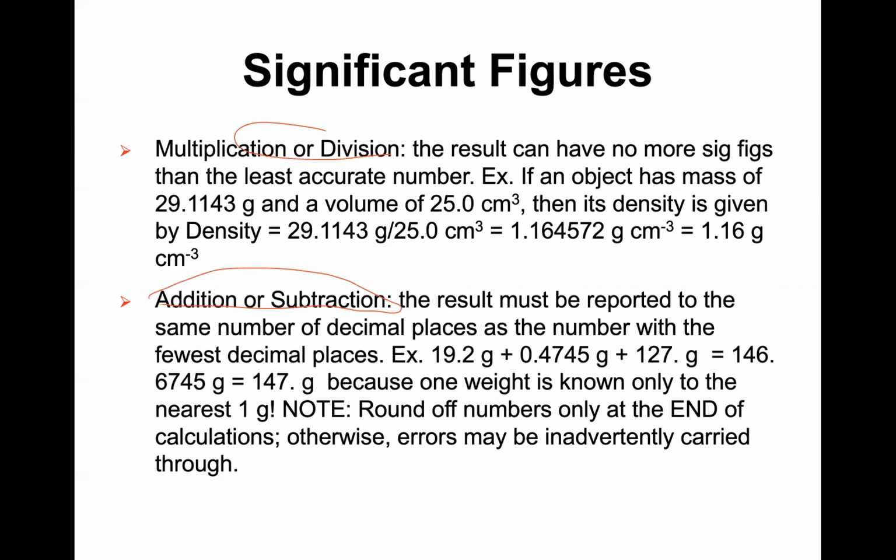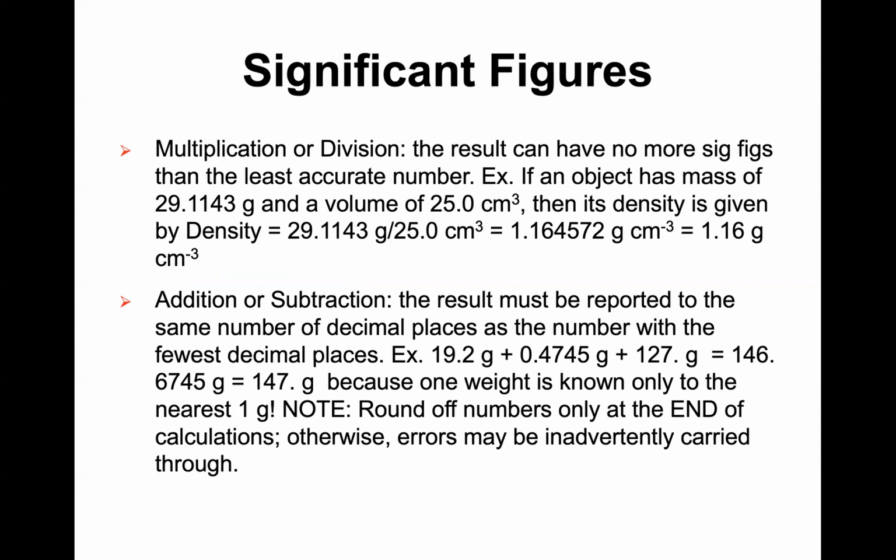For multiplication and division, you look at the numbers you are using and count how many significant numbers each has. You always keep the result matched to the one with the smallest number of significant numbers.